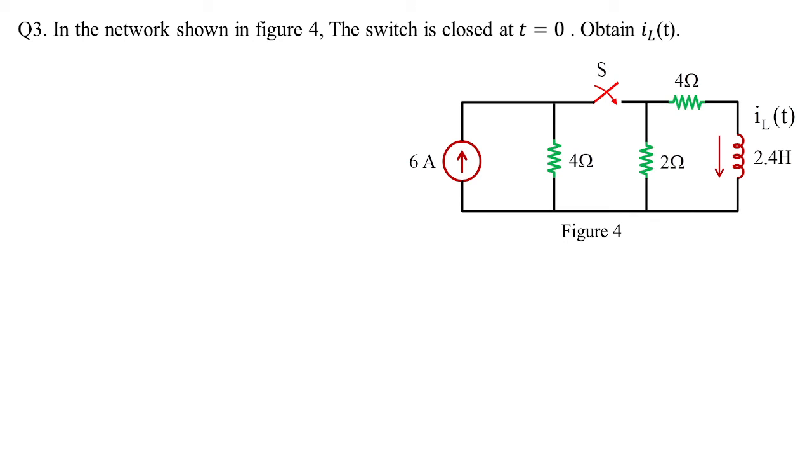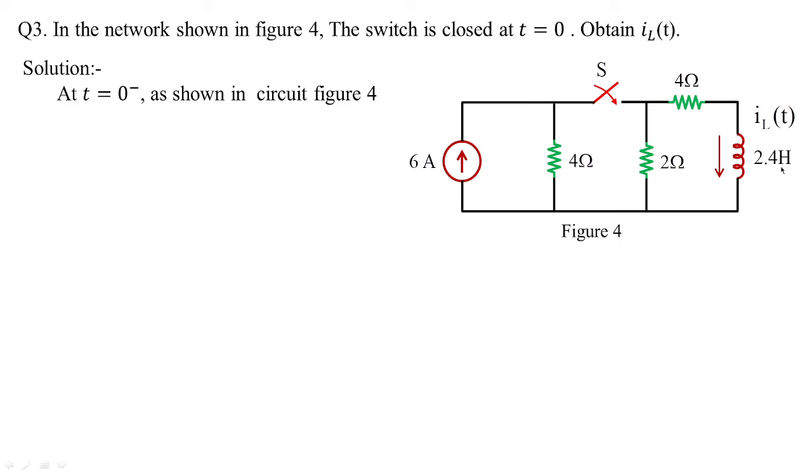Let us have a quick review of the analysis we have done in this figure 4. Initially the switch was open, and it is closed at t equal to 0. We need to find IL of t, which is flowing through 2.4 henries.